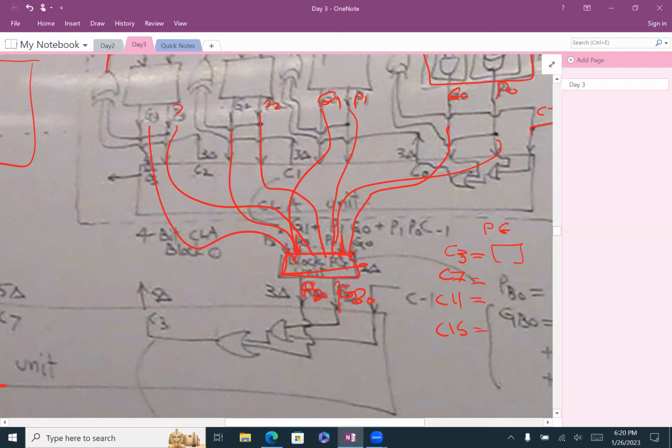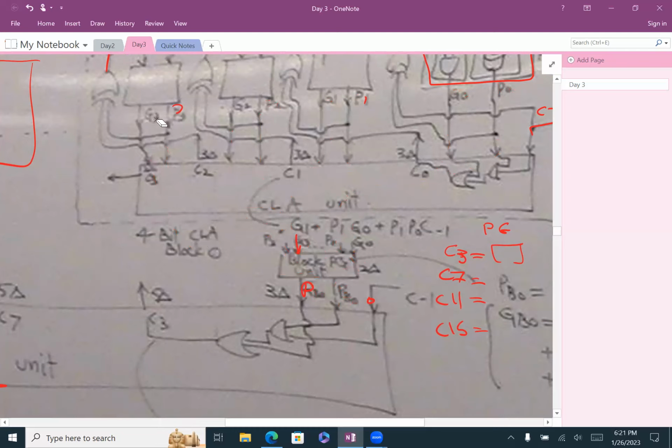Clear? So that's what we need. Let's clean that again, because I don't want to make it too crowded here. What's our input here? I would say B's and G's, and those coming from the first block, because now I'm trying to find C3, right?